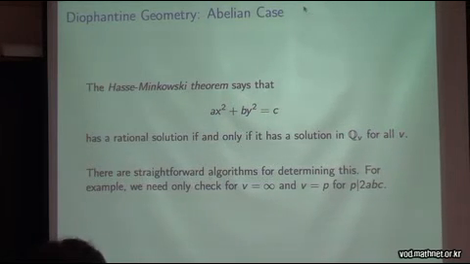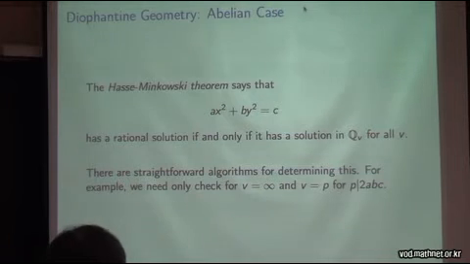I'm not going to write it down for you, but you can express everything in terms of Hilbert symbols, which are readily computable. And of course, it's also important to note that you're supposed to check for solutions in all Q_v, but you only need to check that finite collection over there. The rest are automatic. So this is the most classical case.